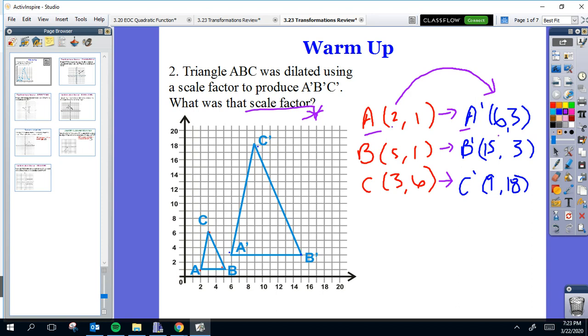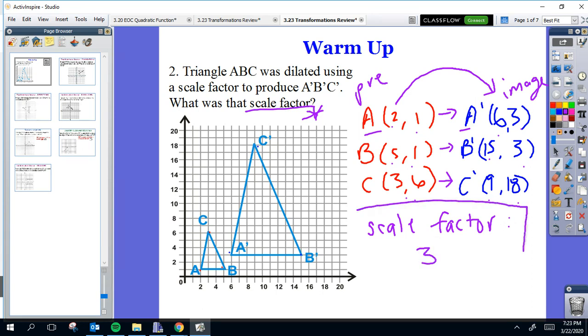I know 2 times 3 is 6. 1 times 3 is 3. 5 times 3 is 15. 1 times 3 is 3. 3 times 3 is 9. 6 times 3 is 18. So quickly I can figure out that my scale factor to get from my pre-image to my image is going to be a scale factor of 3 as your final answer.